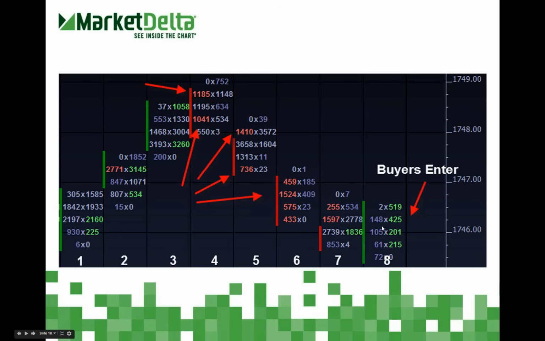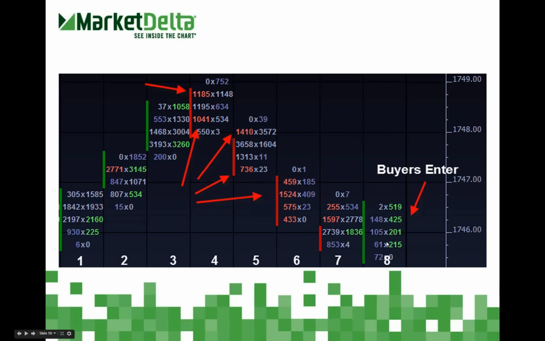And then we go over here and we can see buyers entered, right? And look at this, 1, 2, 3, 4. We'll talk a little bit about this later on, but there's definitely power in seeing it happen at multiple prices within the bar. It's not just a single price.